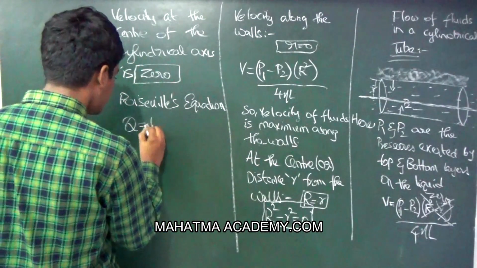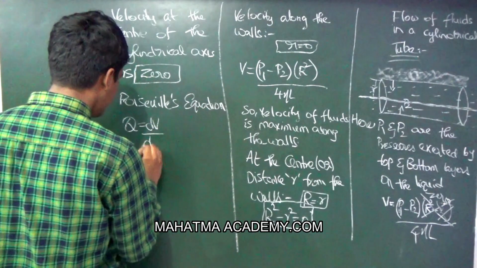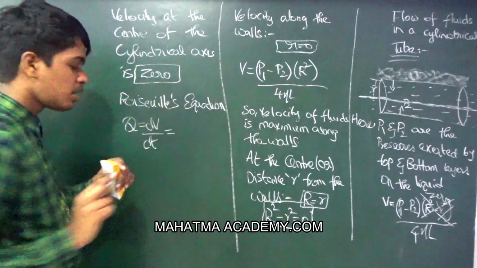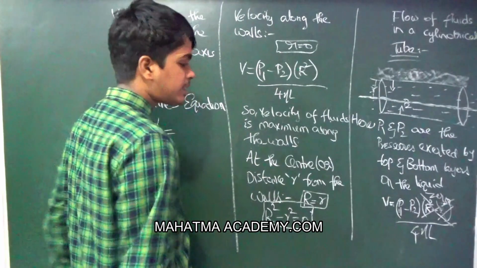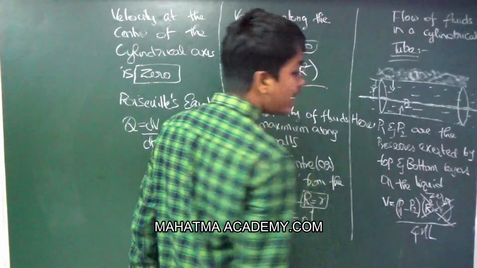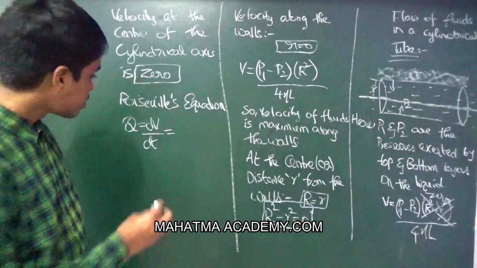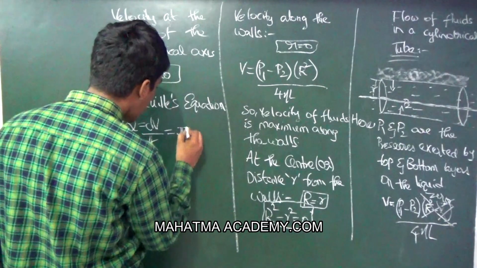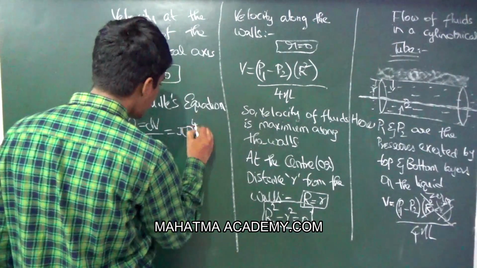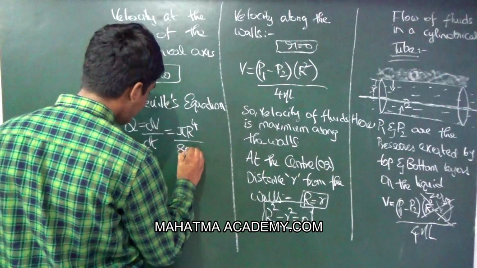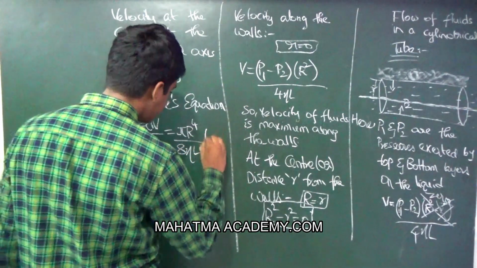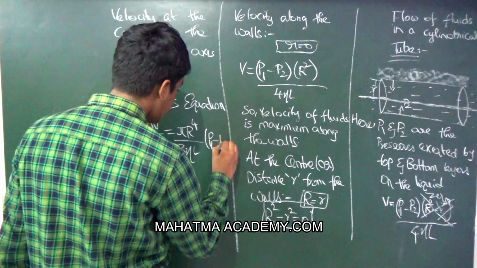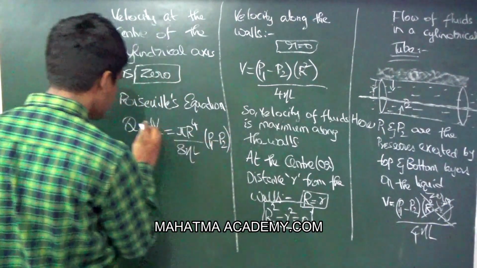It's equal to dV by dt, and the formula is the same as this one, but there is a change: pi r to the power of 4 upon 8 eta L into P1 minus P2. This is a simpler equation.